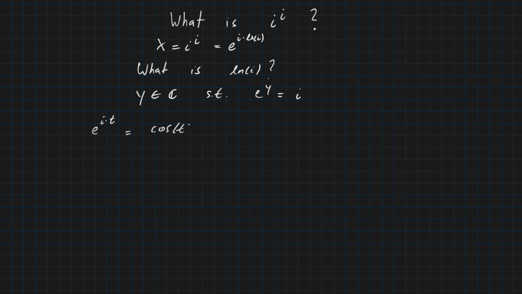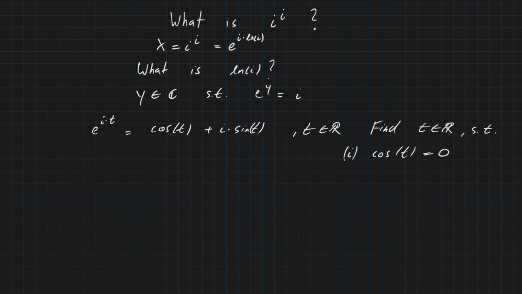So let's use Euler's formula here, which states e to the power of i times t equals the cosine of t plus i times the sine of t, where t is a real number. By comparison with this formula, we have to find t from the real numbers such that, firstly, cosine of t equals 0, and secondly, the sine of t equals 1.